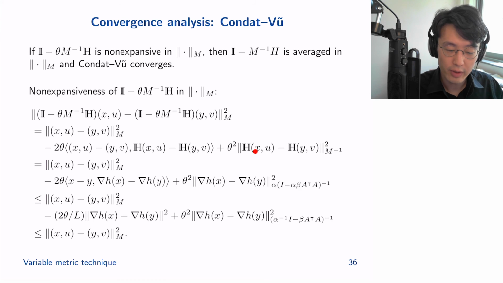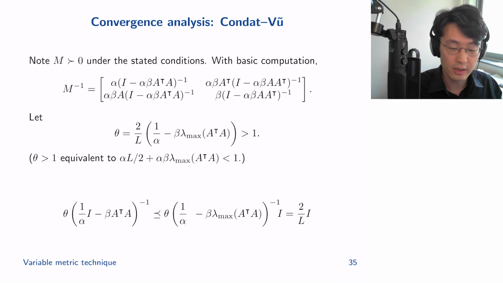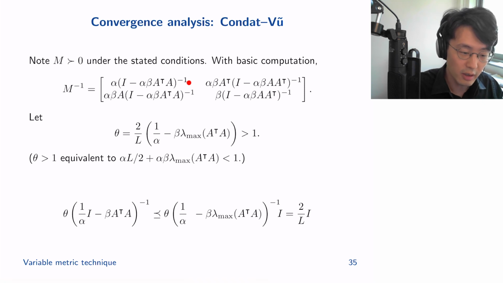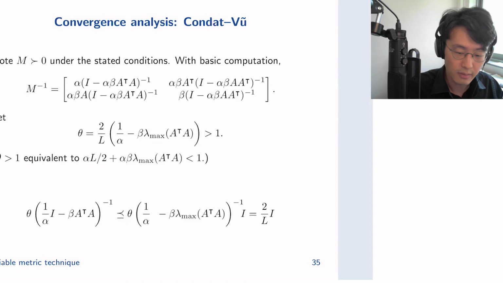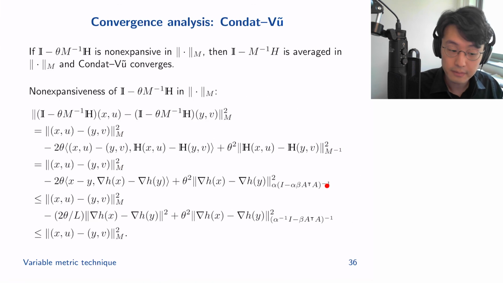But note that the H operator, again, has something on the top, but has 0 on the second component. So if you think about what happens here, we will have the grad h squared, and this component is the top left block of M inverse. Remember, in the previous slide, we wrote down the calculation of M inverse, but in the evaluation of that norm, only this top left part matters. So this top left component is what goes into here.